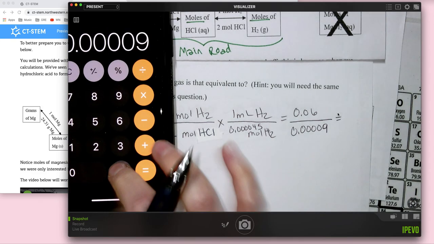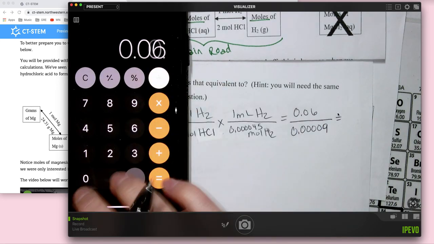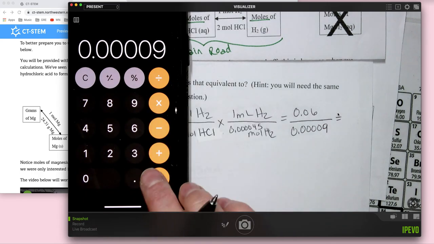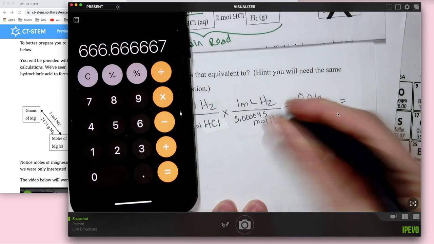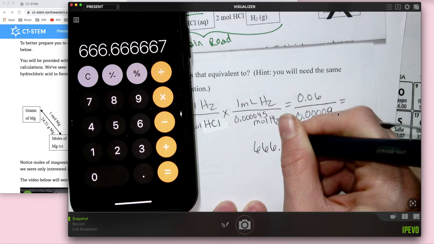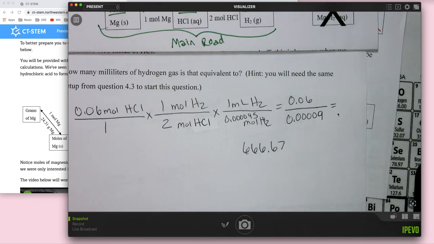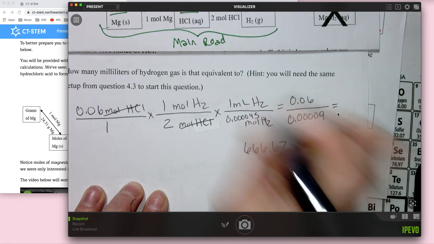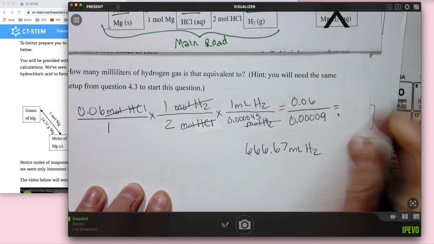So 0.06 divided by 0.00009, and we end up getting 666.67. Okay, and now I just need to figure out my units. So mole of hydrochloric acid cancels, mole of hydrogen gas cancels, and I'm left with milliliters of hydrogen gas.